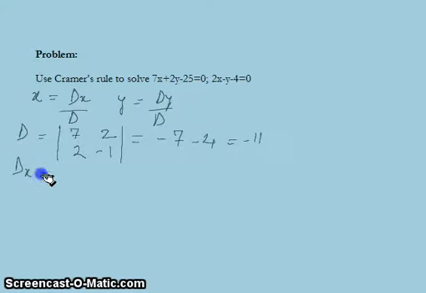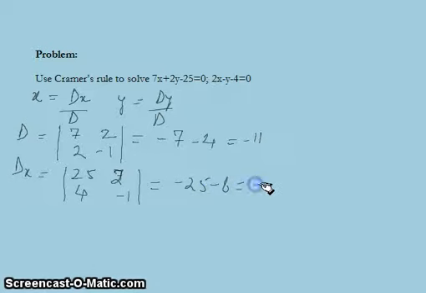Dx is obtained by replacing the elements of x by the constant terms, which are 25 in the first equation and 4 in the second. Similarly, the elements of y constitute the second column of dx, which are 2 and minus 1. This gives us a value of minus 25 minus 8, thus a total of minus 33.